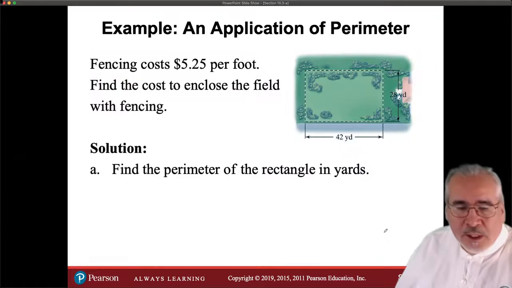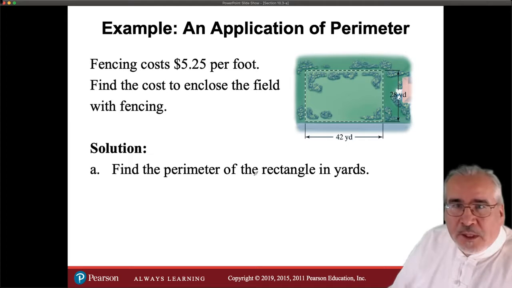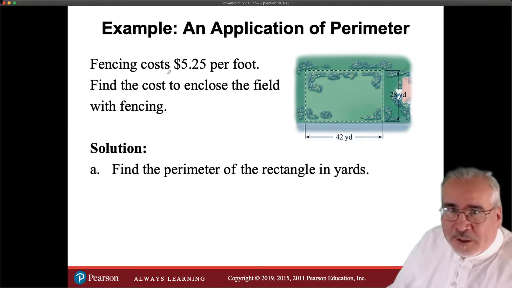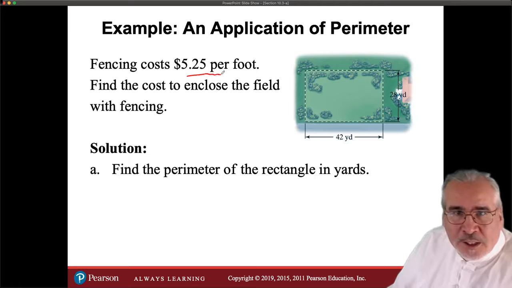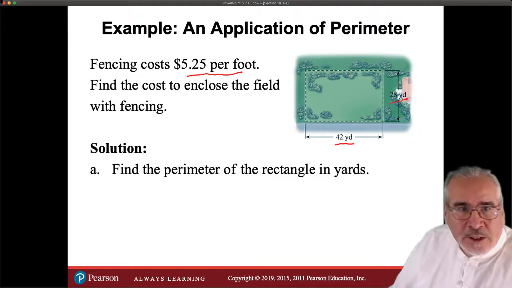So let's get into finding perimeter. One problem, or a question, is how much it would cost to put a fence around a field. And we're told that one side is 42 yards, the other side is 28 yards.